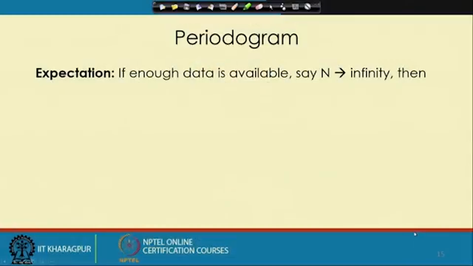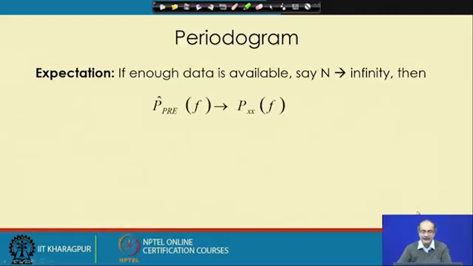So, now we try to find out more properties of periodogram. If we have enough amount of data, say n tends to infinity, then we expect the periodogram is going towards that ideal PSD, that Pxx f.